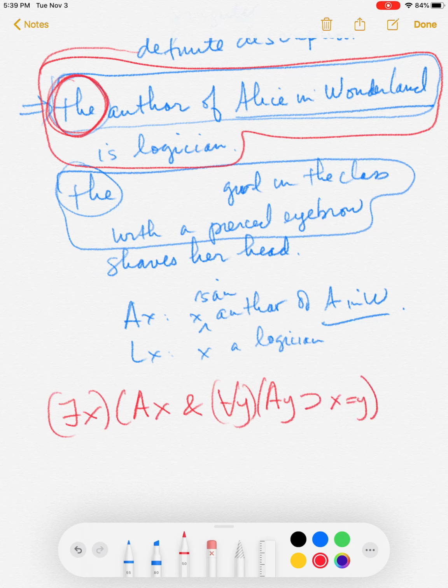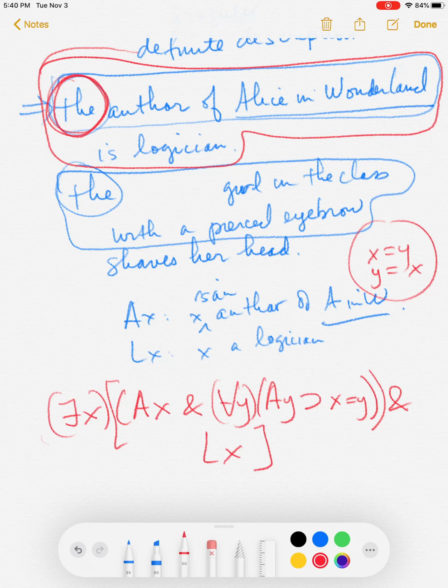And by the way, it doesn't matter what order you put these in. I could have had this just as easily as that. Okay. So just that says there's exactly one author of Alice in Wonderland. But what we want to say is, furthermore, X is a logician.